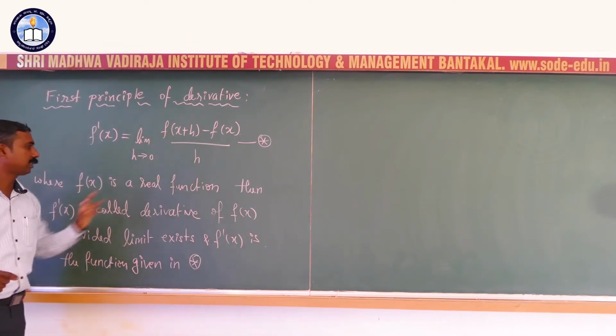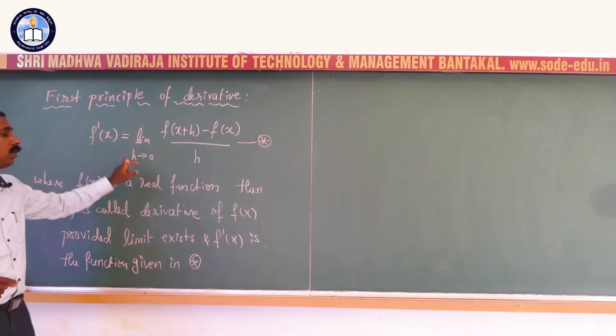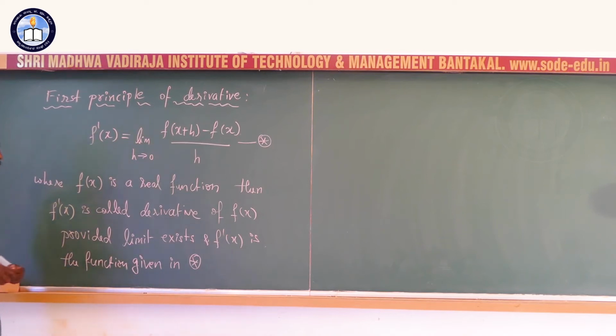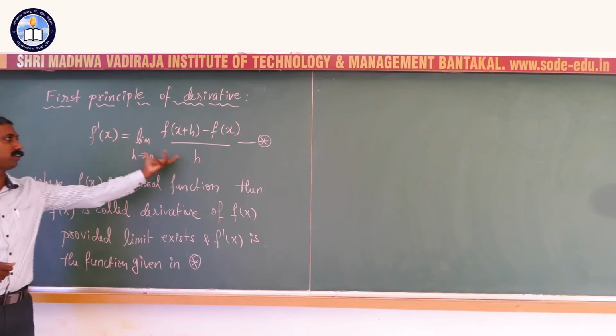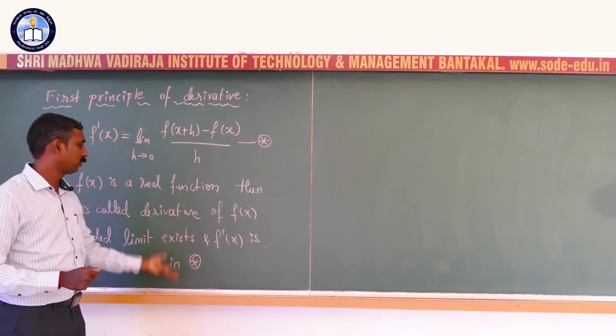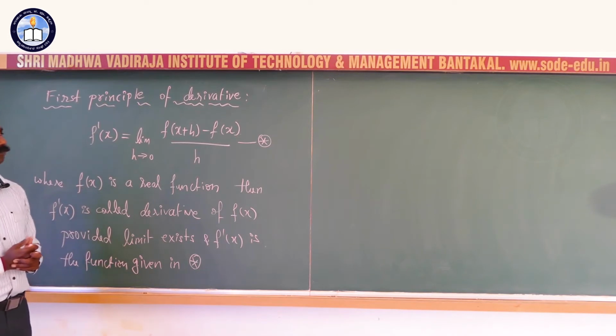If f of x is a real function, then f dash of x is called the derivative of f of x provided the limit exists. This limit must exist and f dash of x is the function given in star. So the right hand side of the function given in star is the expression for f dash of x.